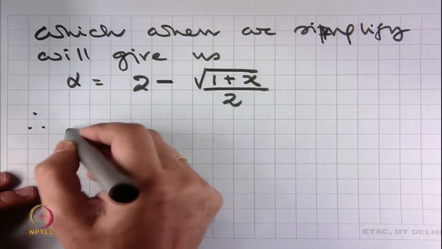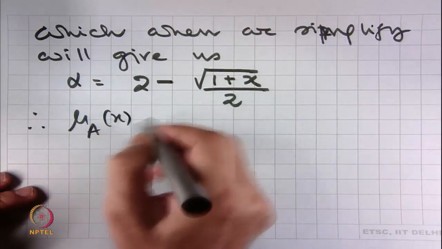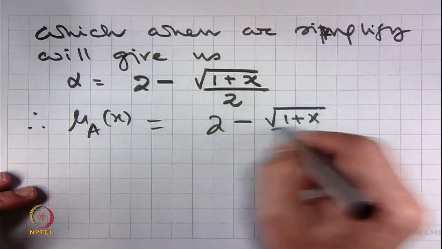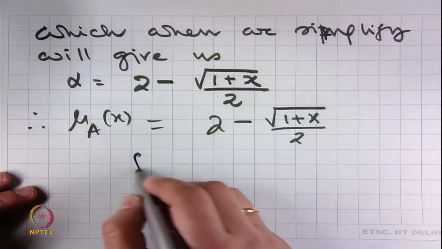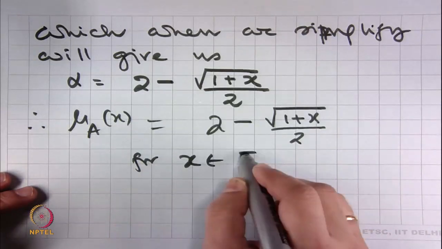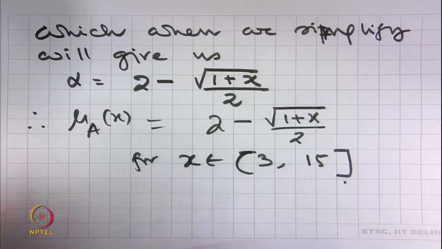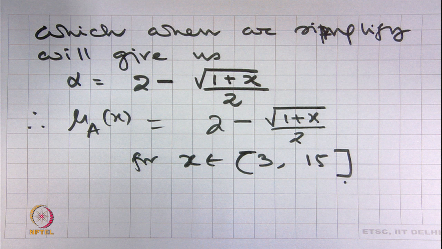Therefore, mu a of x is equal to 2 minus root over 1 plus x by 2 for x belonging to 3 comma 15. In this way, we get the membership functions for x for the entire support of -5 to 15.